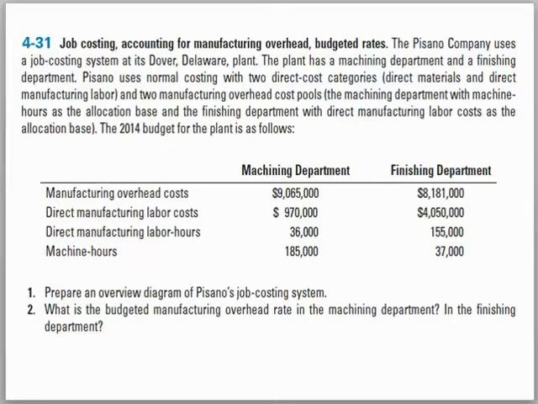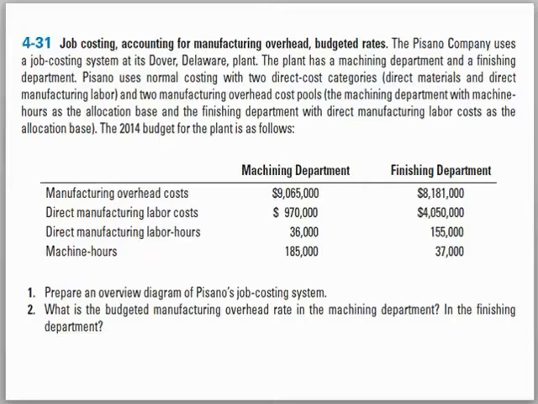Pisano uses normal costing with two direct cost categories, direct material and direct manufacturing labor, and two manufacturing overhead cost pools, the machining department with machine hours as the allocation base and the finishing department with direct manufacturing labor costs as the allocation base. The budget for 2014 for the plant is as follows.